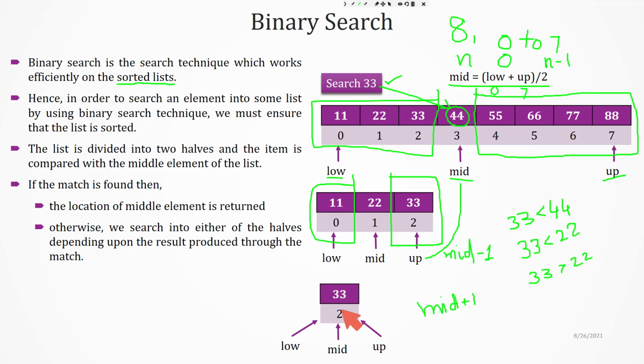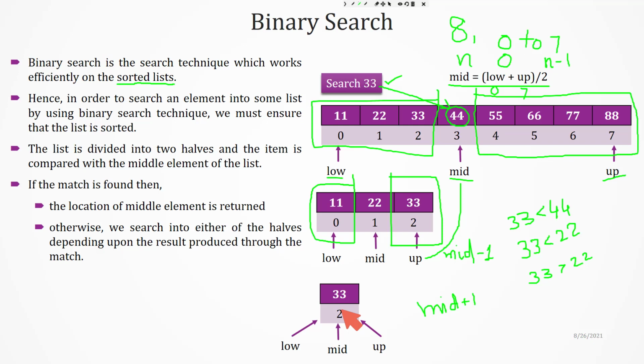So in simple terms, what we are doing is we find the middle element. If the element to be searched is equal to the middle element, we can say the search is successful. Otherwise, we compare the element to be searched with the middle element.